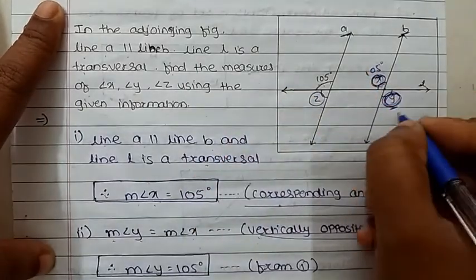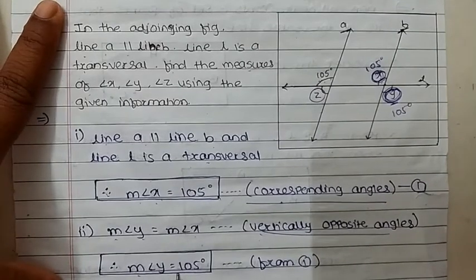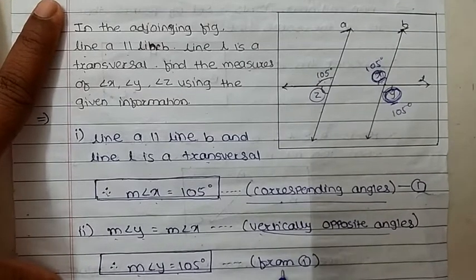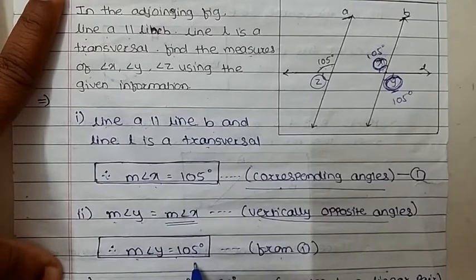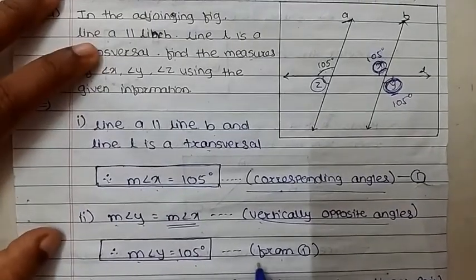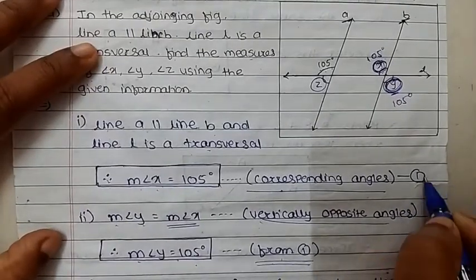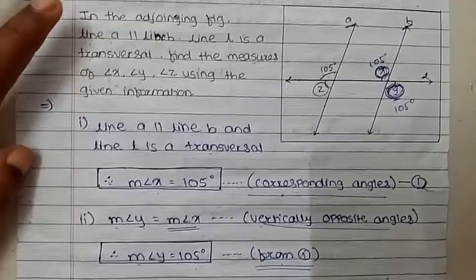So the Y value is what? 105. Clear? So therefore the measure of Y is equal to 105 from equation number 1, because the measure of X is 105. So we have to put 105 here, and we have to write here from equation 1. Clear?